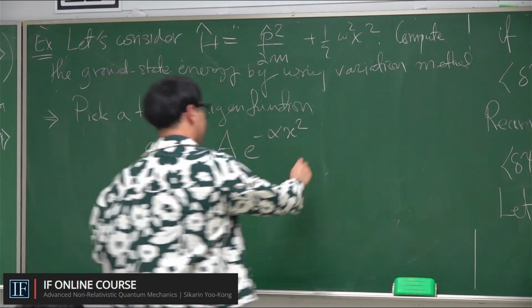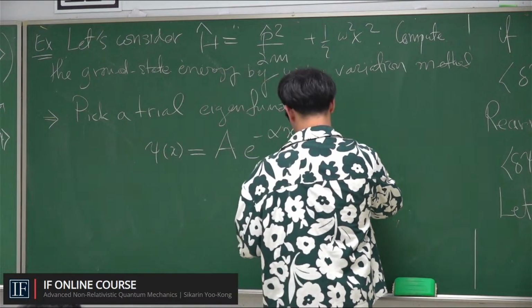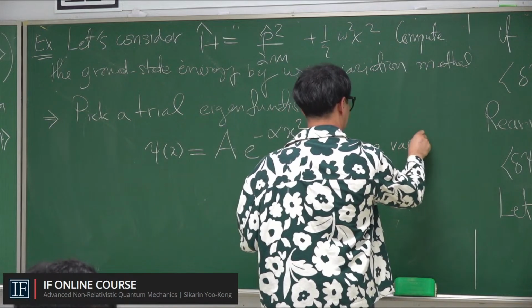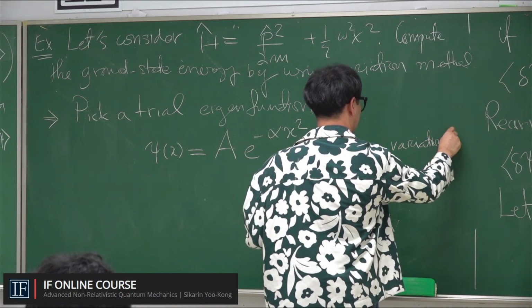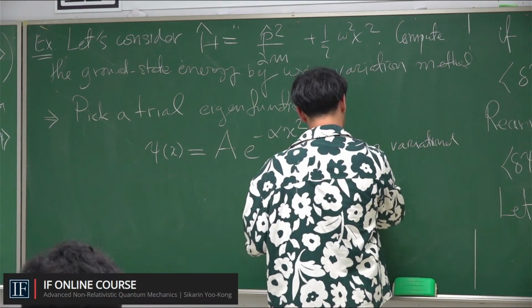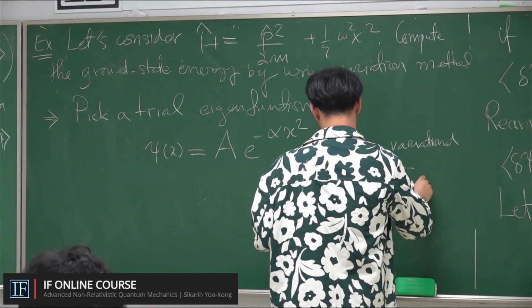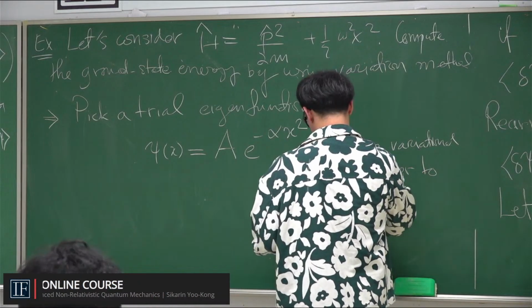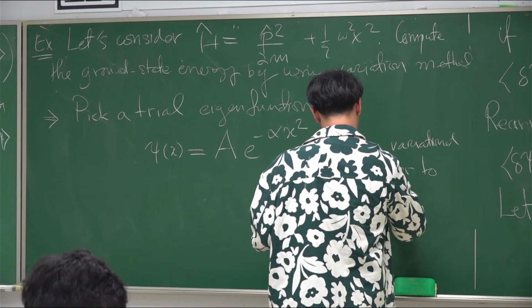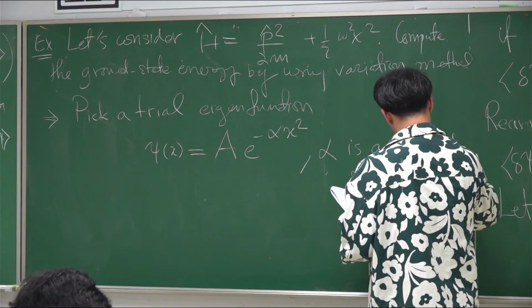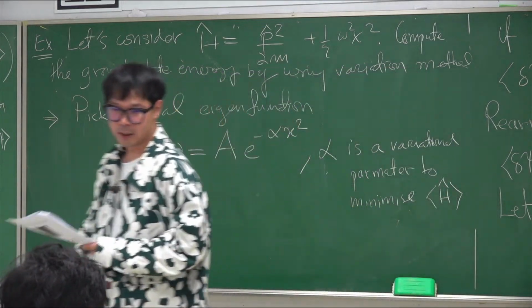So your alpha is a variational parameter to minimize this energy.